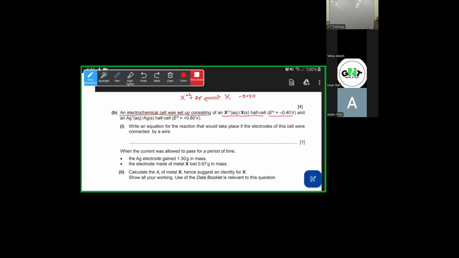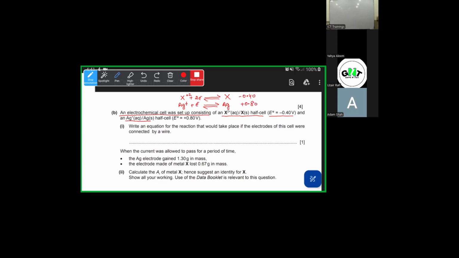The second thing is silver positive and silver. So Ag positive plus electron forms Ag, and its value is plus 0.80. So these are the 2 equations.